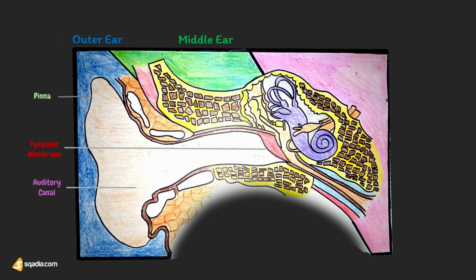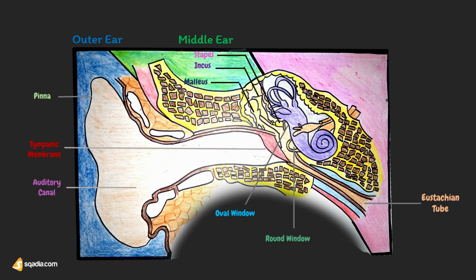Middle ear consists of auditory ossicles, which includes the malleus, incus, and stapes. Other than auditory ossicles, middle ear consists of oval window, round window, and Eustachian tube. Inner ear consists of vestibule, cochlea, and semicircular canal.